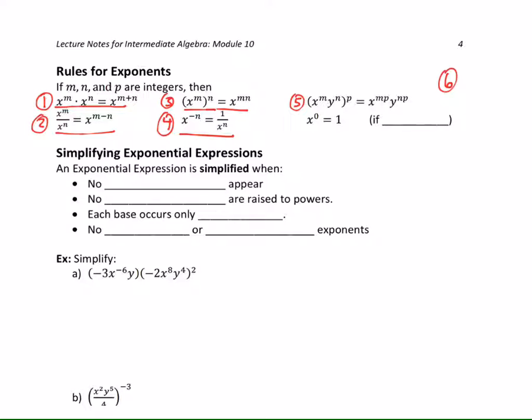That's also true if you have x to the m over y to the n, raised to a p. That's x to the mp over y to the np.